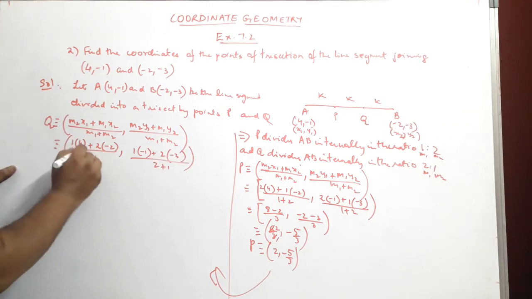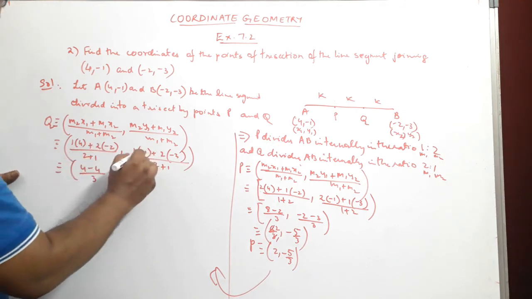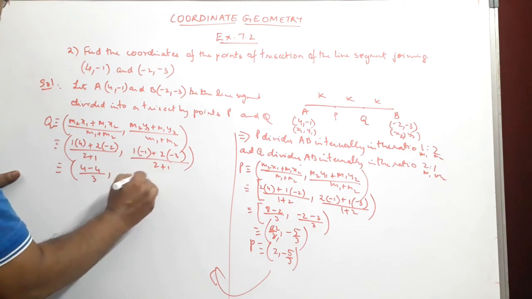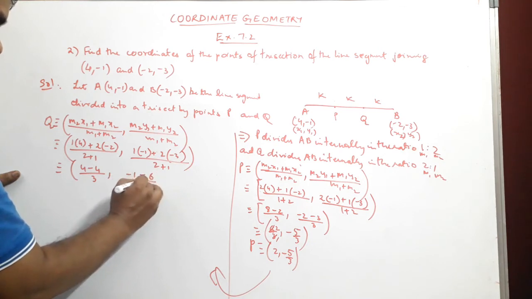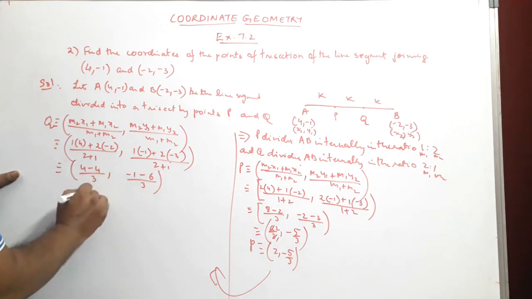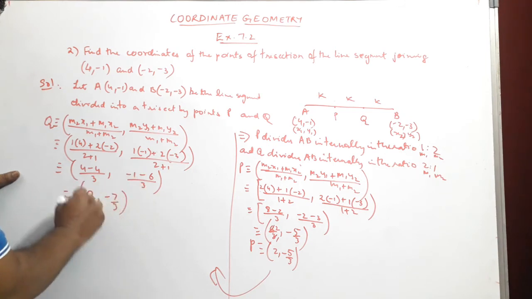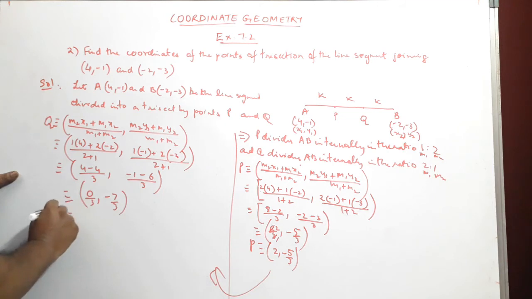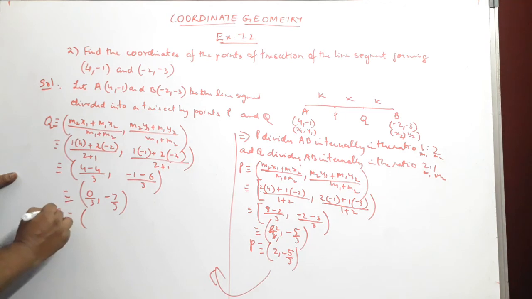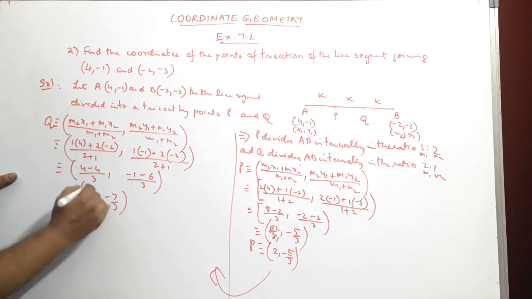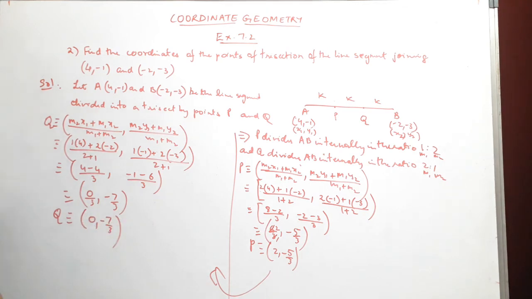What do we get here? 1 into 4 is 4, 2 into minus 2 is minus 4 upon 3, comma minus 1, 1 into minus 1 is minus 1, 2 into minus 3 is minus 6, whole thing upon 3. So 4 minus 4 is 0 upon 3, comma minus 7 upon 3. That means, sorry, not P but Q is 0 comma minus 7 upon 3.